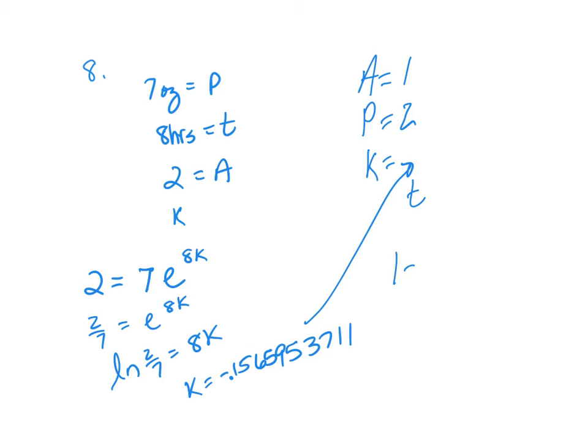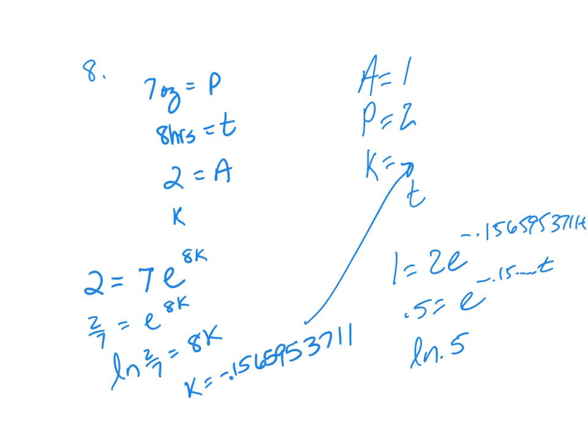So we do 1 equals 2e^(-0.1565953711t). So that would be 0.5 equals e to the negative 0.1565953711t. So we have ln of 0.5 divided by negative 0.1565953711 equals t.